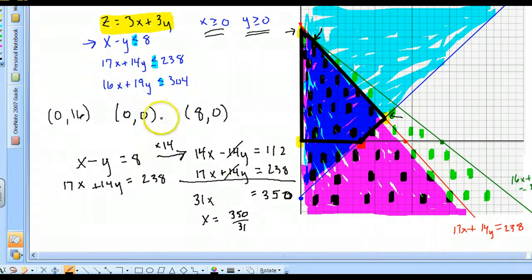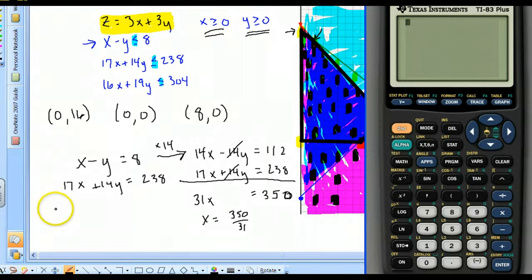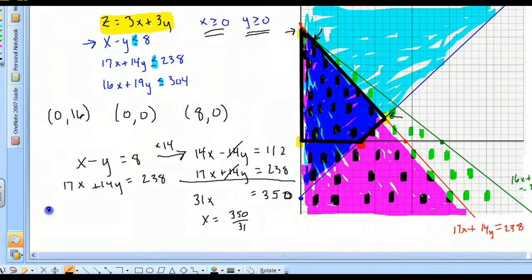All right, and then how do I find the y coordinate? Well, right there is a y in an equation with x. So we need to plug 350 over 31 in for x. We're just plugging into this equation here: x minus y equals 8.